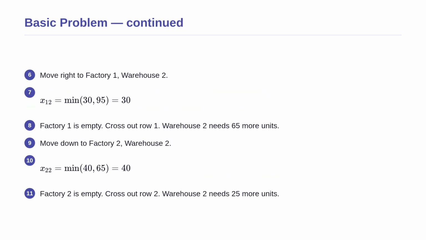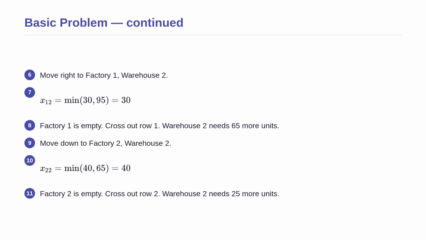Continuing with our allocation, since the first column is crossed out, we are forced to move our finger to the right, landing on the route from Factory 1 to Warehouse 2. Factory 1 only has 30 units remaining, while Warehouse 2 demands 95. We take the minimum, allocating all 30 remaining units.